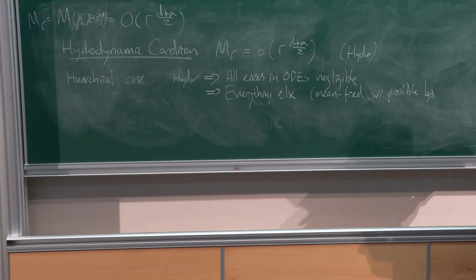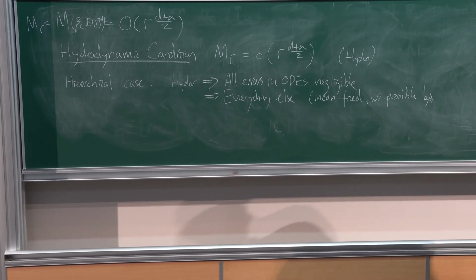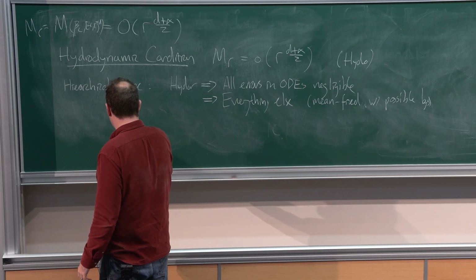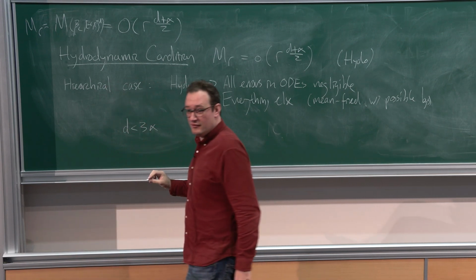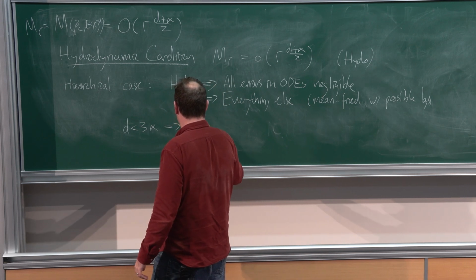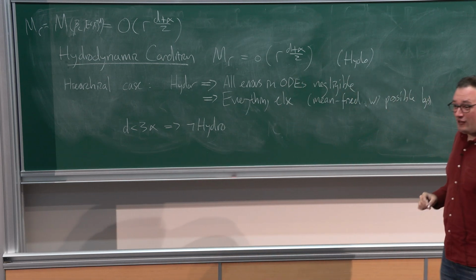Okay, so in particular, in the hierarchical case, this actually shows that if d is smaller than 3 alpha, you can deduce that the hydrodynamic condition does not hold. Okay? And why is that?